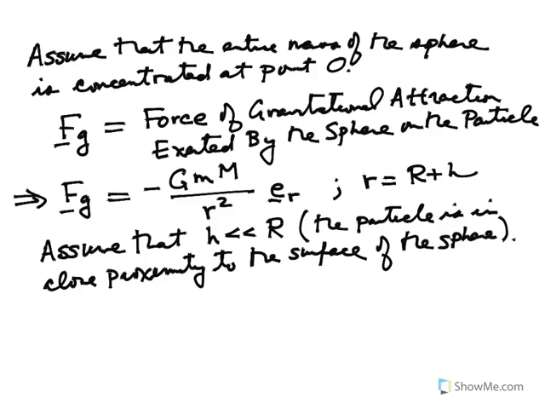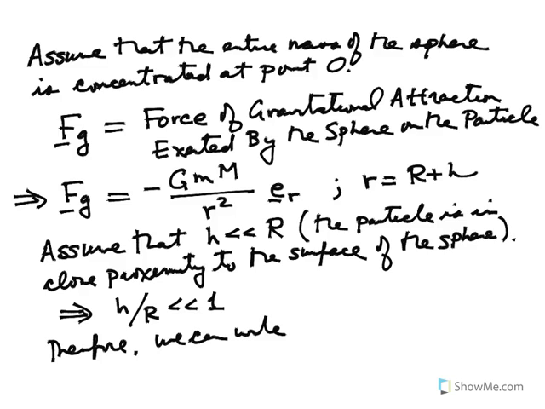Now, given that, that means that h over R is much, much less than 1. So then we can write the following.